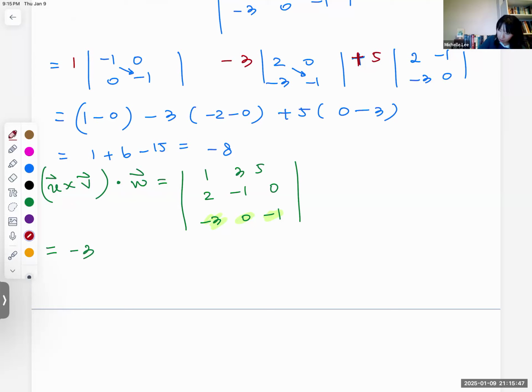So let's make that positive, negative, positive, negative, positive, negative, positive, negative, positive. Same, right? Like earlier, same, right? So we will do negative 3, 0, negative 1, right?